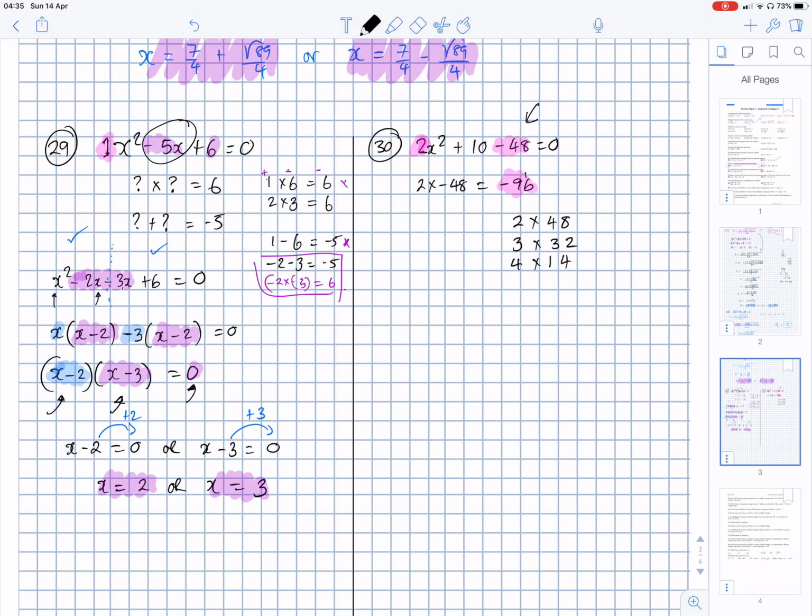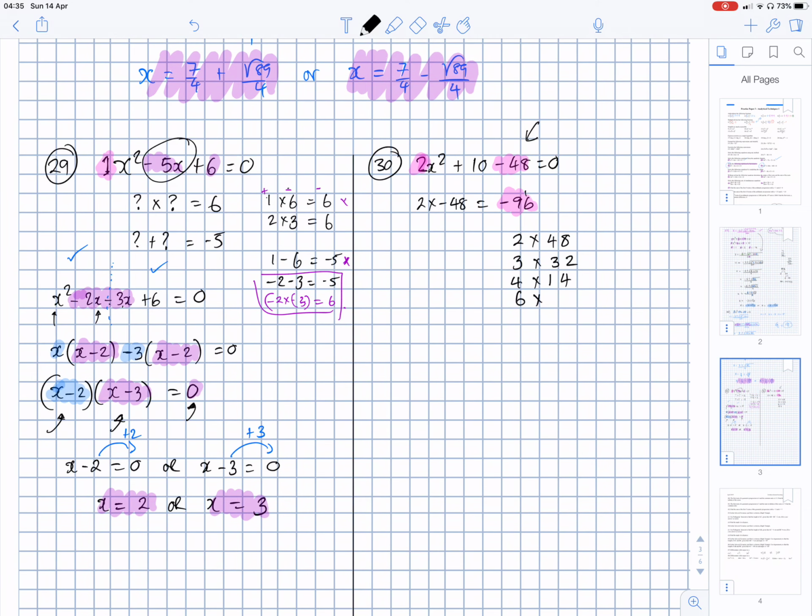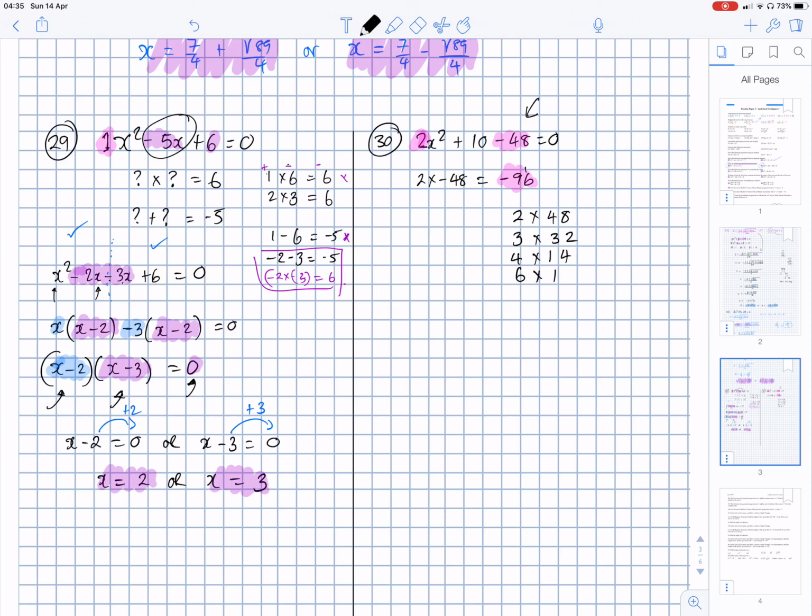Or you can do 6, because 5 will not go in. Wait, something is wrong. This should be 24, so 6 times 16, right?